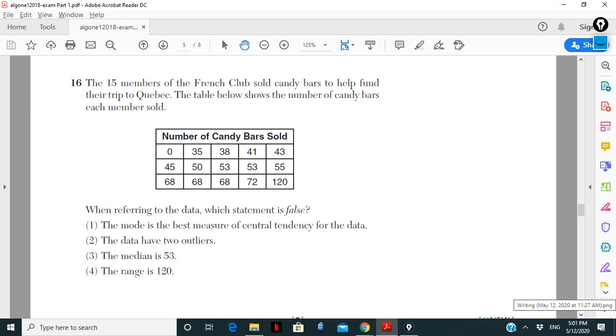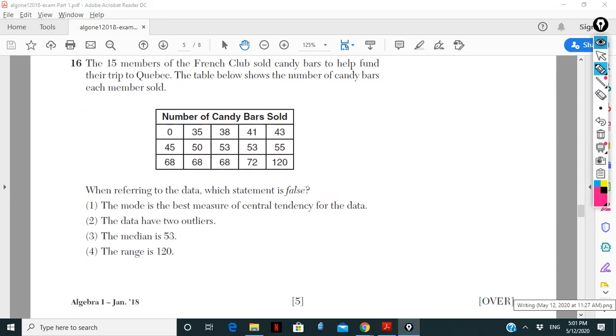When referring to the data, which statement is false? First, let's check the easiest one, which is the range. The range is from 0 to 120, so 120 minus 0 gives me 120. So this is correct. Now, where is the median?